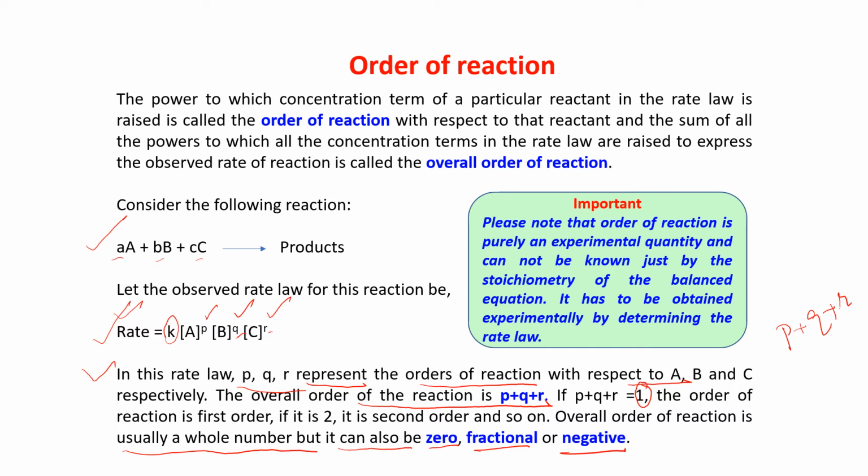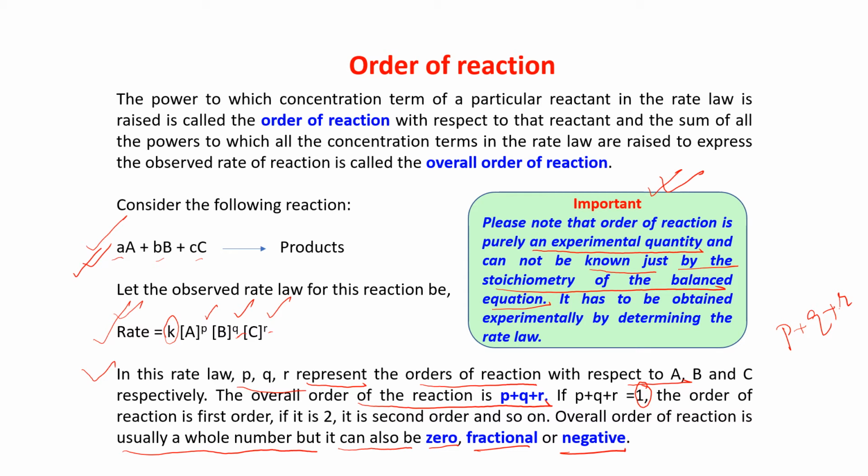Okay, now see what is written here, important. Please note that order of reaction is purely an experimental quantity and cannot be known just by the stoichiometry of the balanced equation. We cannot say that the order is a plus b plus c for this particular reaction.